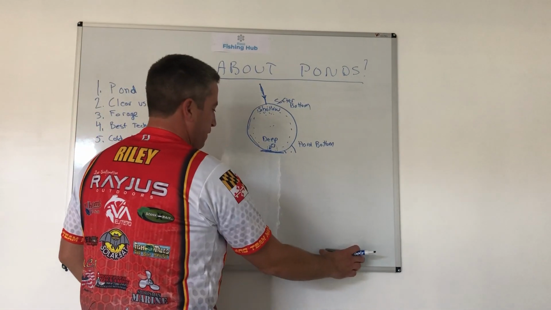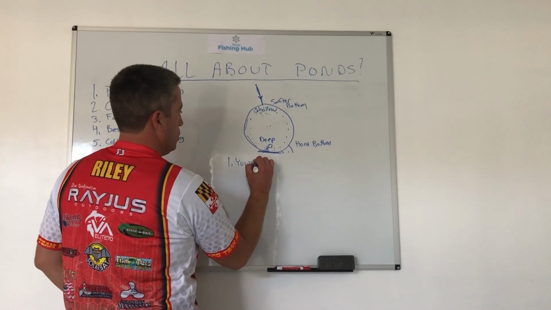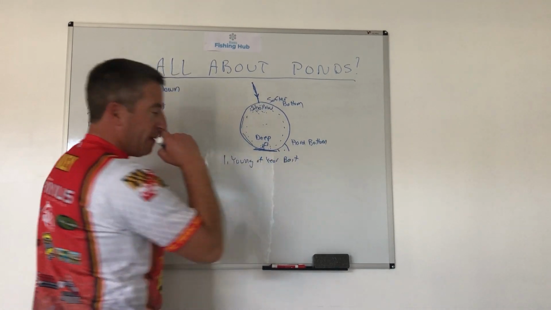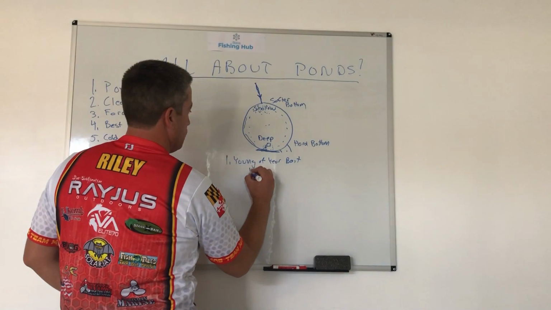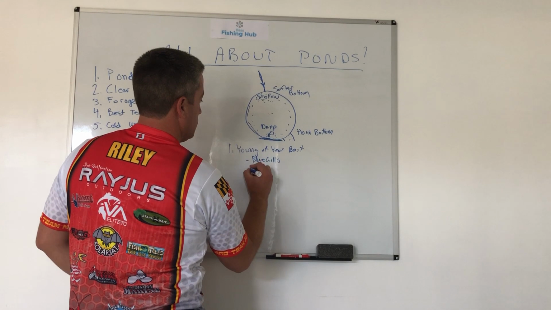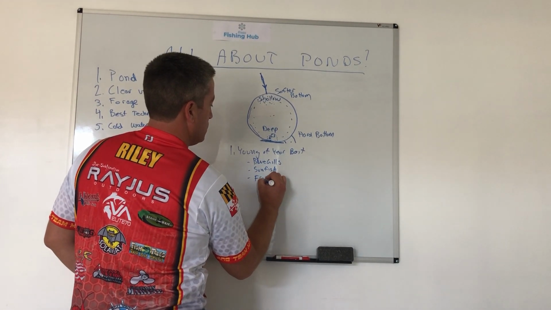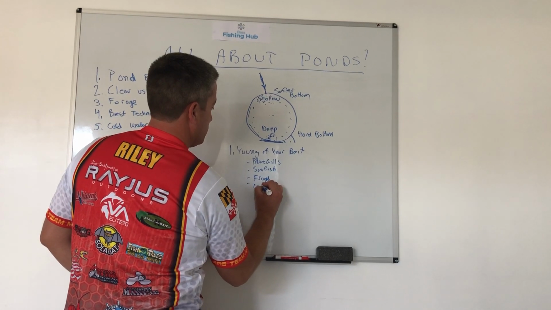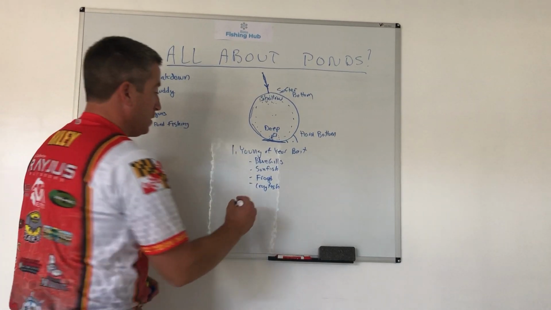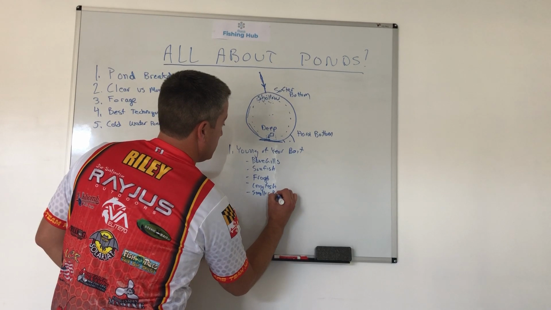As far as forage, mainly it's young of year bait. That can include mostly bluegills, sunfish, frogs, and crayfish, and even smaller bass.